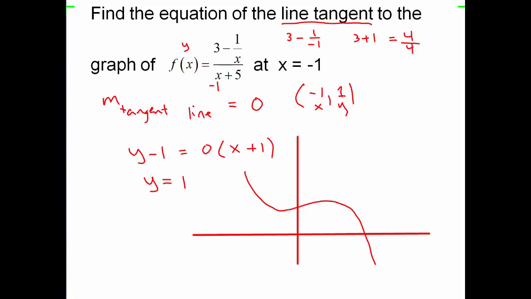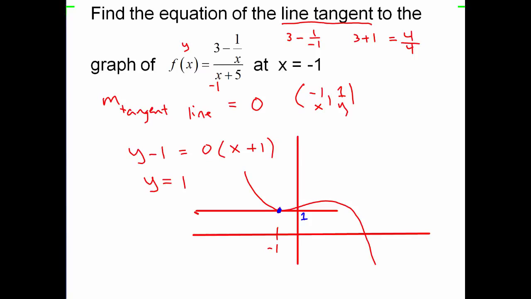A little bit lower. There we go. So at x is equal to -1, right? This line here. Now why did I draw it? Obviously this is +1 right here on the y-axis, right? Because the slope is 0.